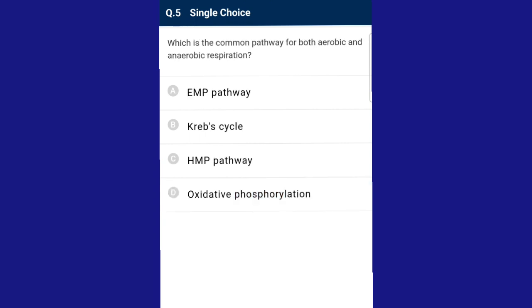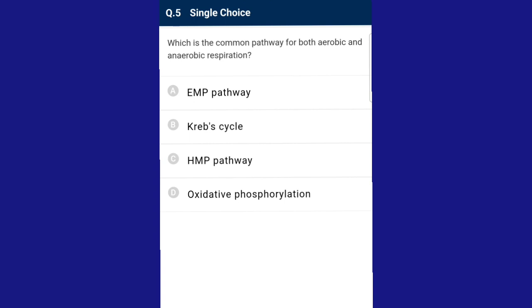Question number 5. Which is the common pathway for both aerobic and anaerobic respiration? The term glycolysis has originated from the Greek words glykos for sugar and lysis for splitting. The scheme of glycolysis was given by Embden, Meyerhof and Parnas, and it is often referred to as the EMP pathway.